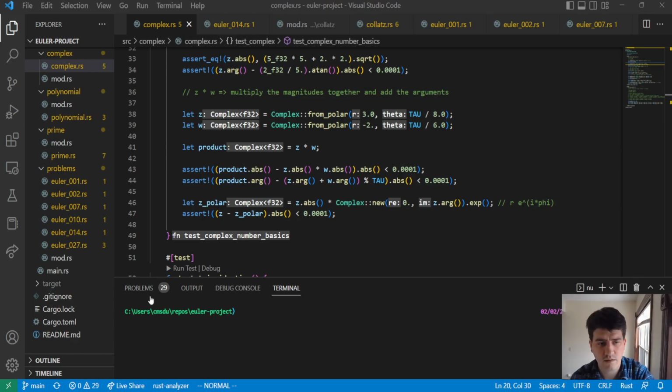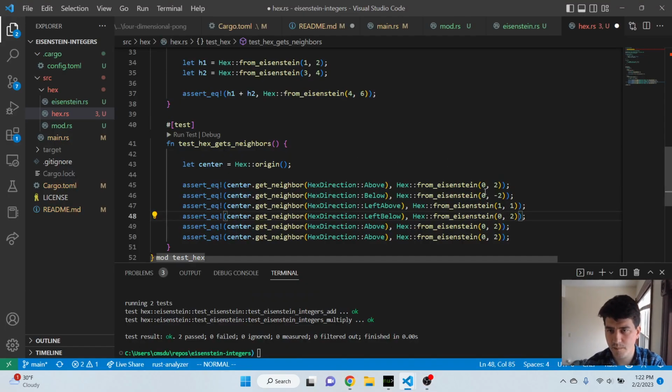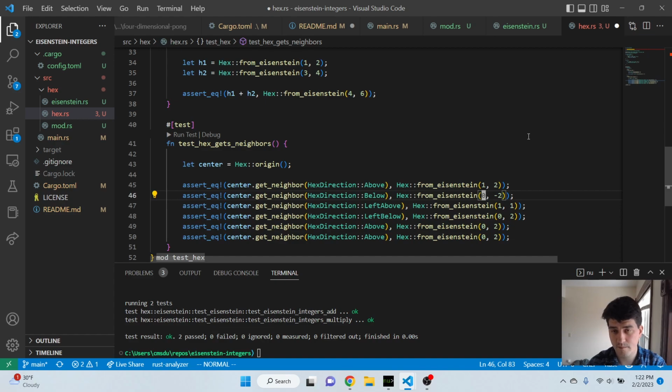Wait, this is wrong. This is wrong. Hang on. Above is 1 plus 2w. Below is -1 times 1 plus 2w.